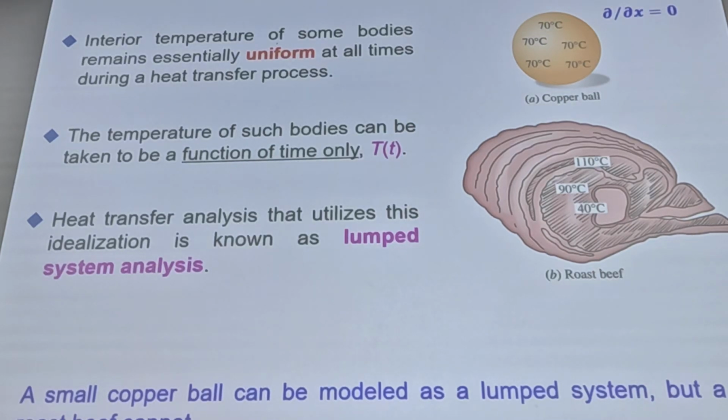If it's a metal ball, then it's considered uniform all the time during the heat transfer process. But the roast beef or brisket put into the oven isn't.